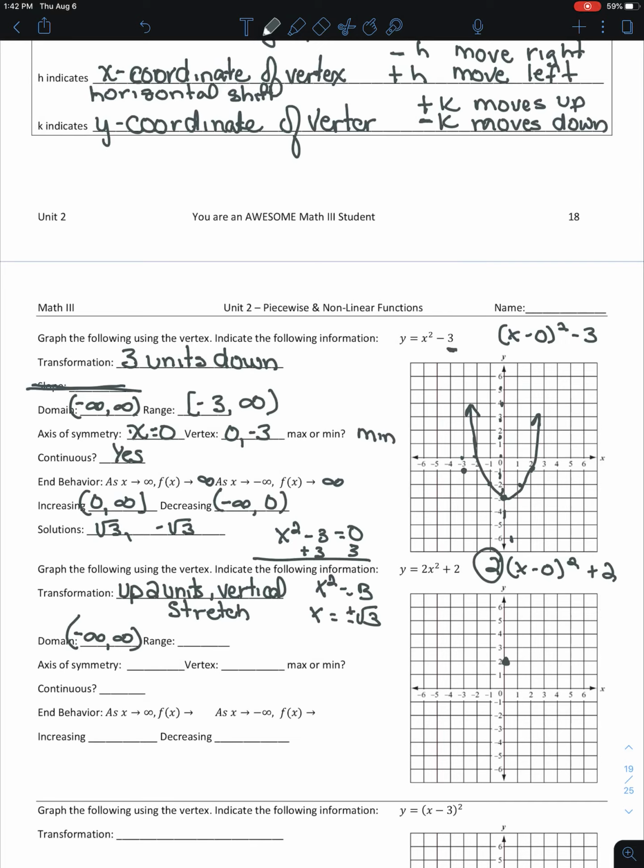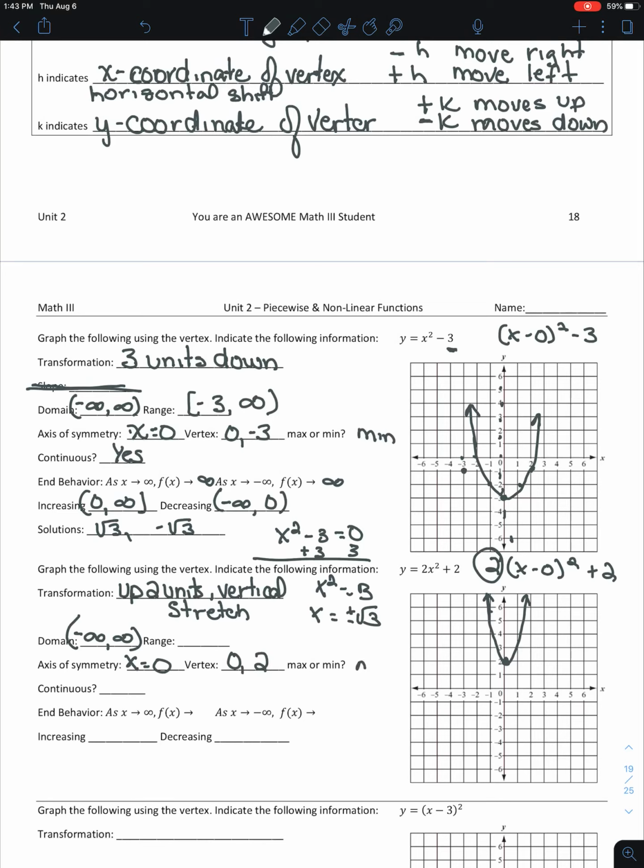Let's graph it and see what our range is. We're going to start at 2. Again, I'm just sketching this, so I don't know exactly what it looks like, but I know it's going to be skinnier than the one I did before. It's going to look something like that. Our axis of symmetry will be x equals 0 again.